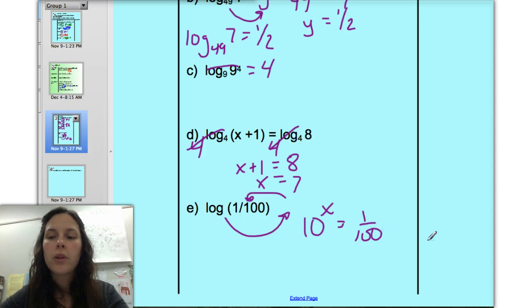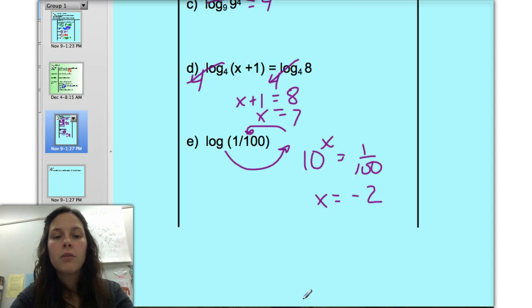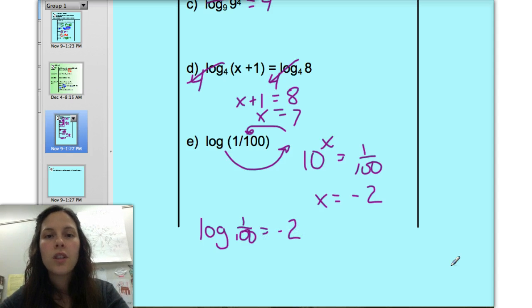So this is one where we have to think about, how does the base become a denominator? Well, 10 squared gives us 100, and a negative would put it in the denominator. So x equals negative 2. Rewriting this one with the log of 1/100th equals negative 2, because 10 to the negative 2 power equals 1/100.